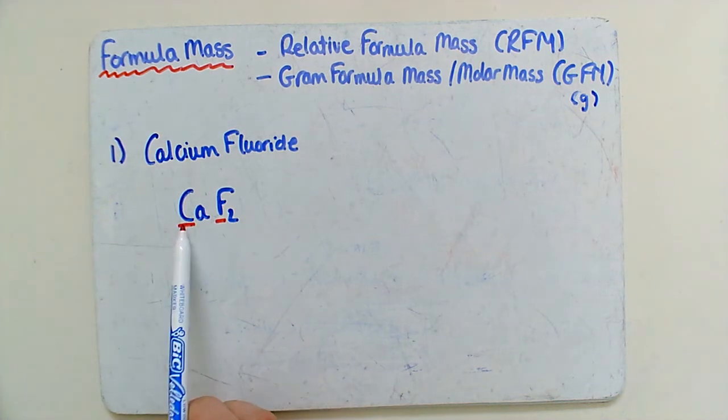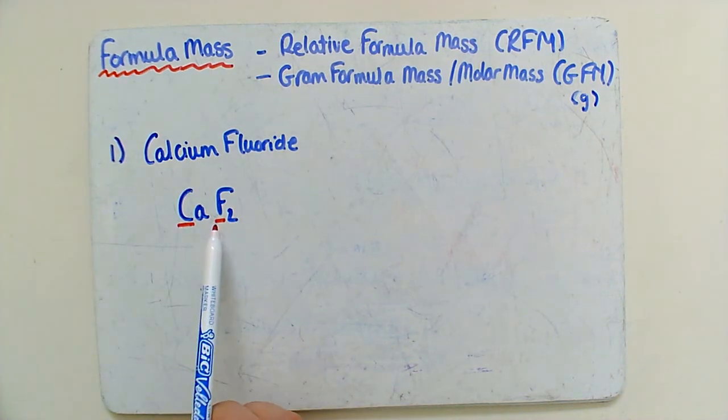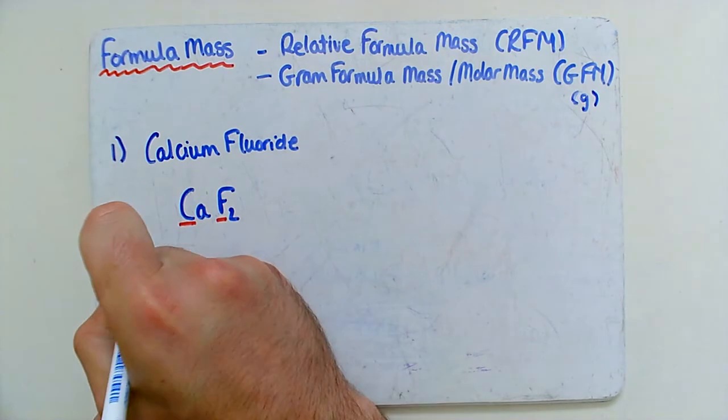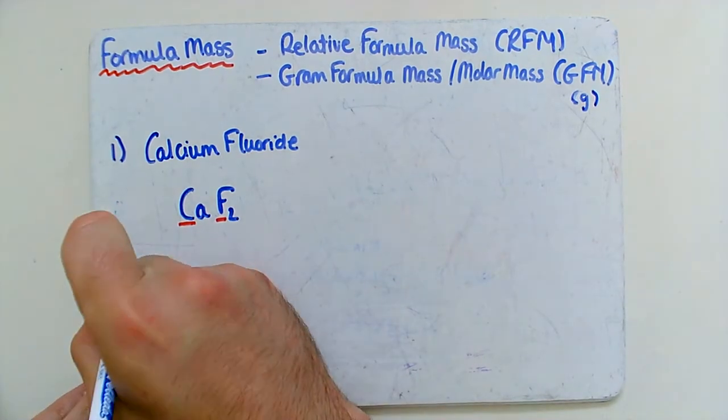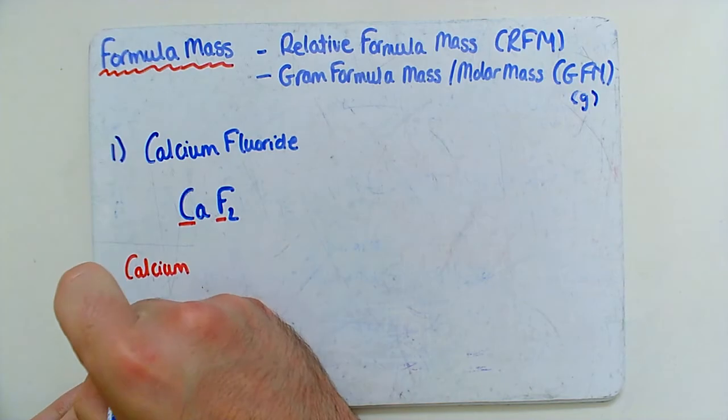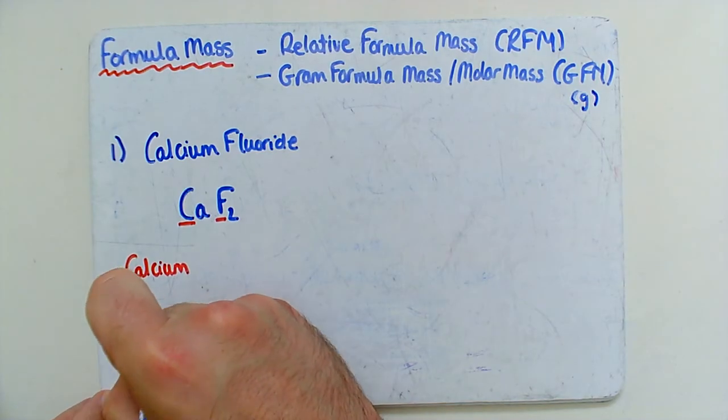So in this one, we've got a capital C, we've got a capital F. And it's C small a, which is calcium, and capital F for fluorine. So we know we've got 2 elements. We have got calcium and we have got fluorine.